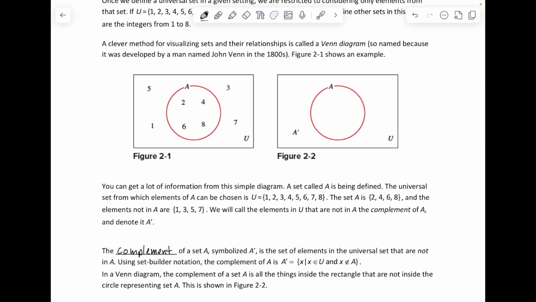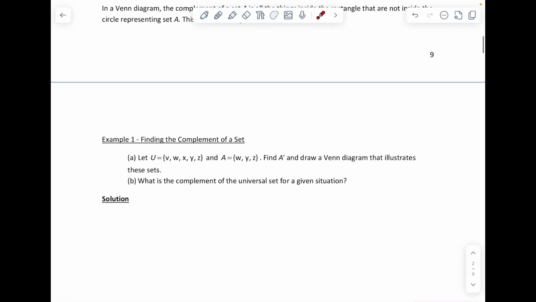In a Venn diagram, the complement of a set A is all the things inside the rectangle that are not inside the circle representing set A. So figure 2.2 is a simplified version, right? The rectangle is the universal set. The circle is set A. The region inside the rectangle but outside the circle, that's the complement of A.